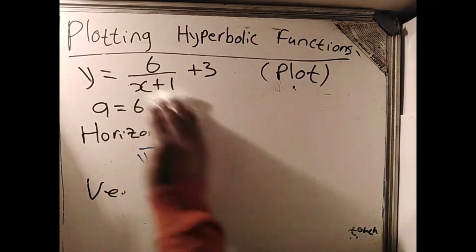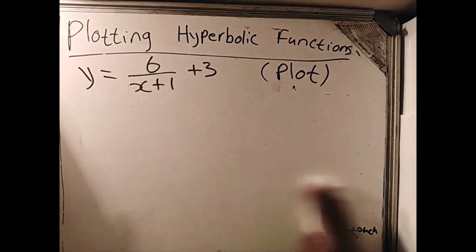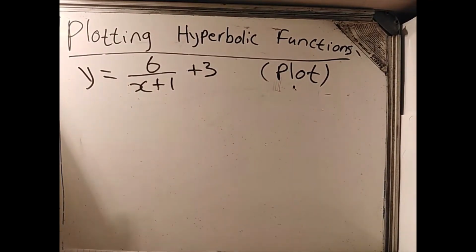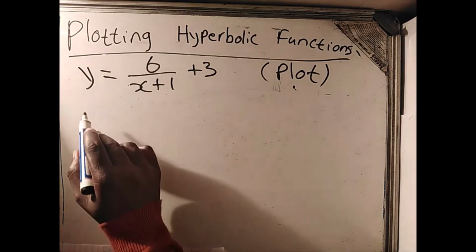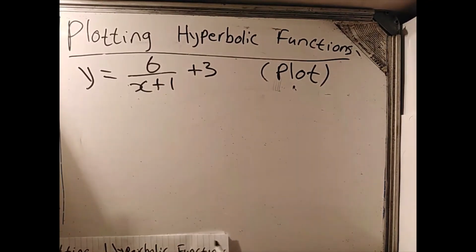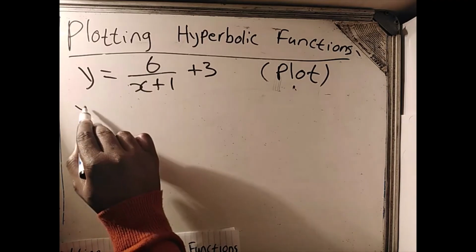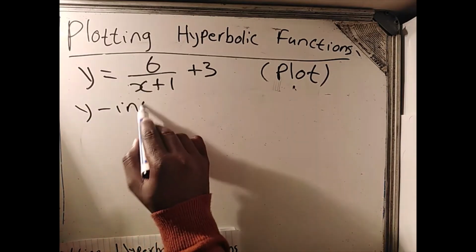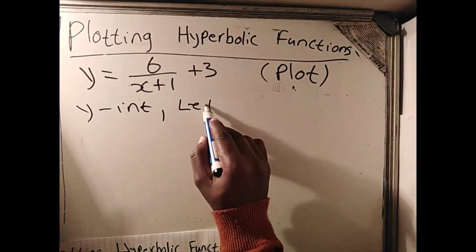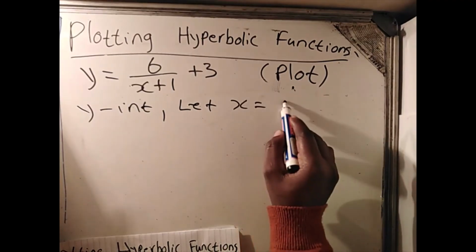We're going to take all of this off so that we can use the space. Okay, so for the y-intercept, what do we do? We let x be equal to 0.